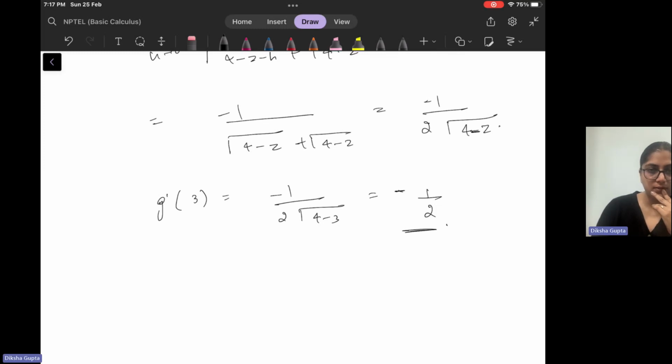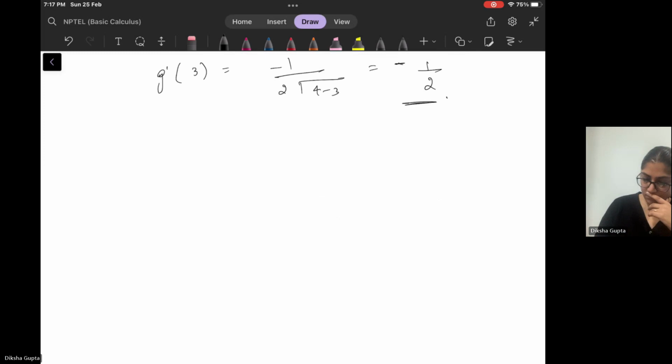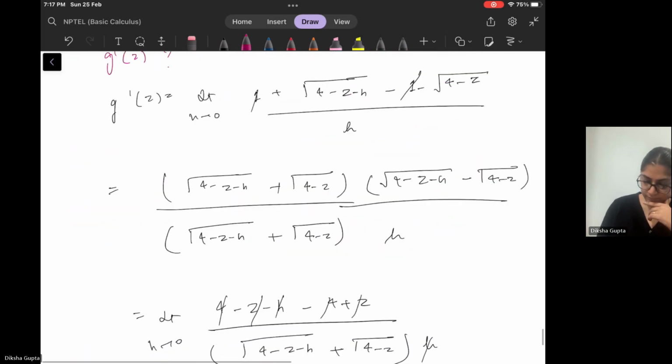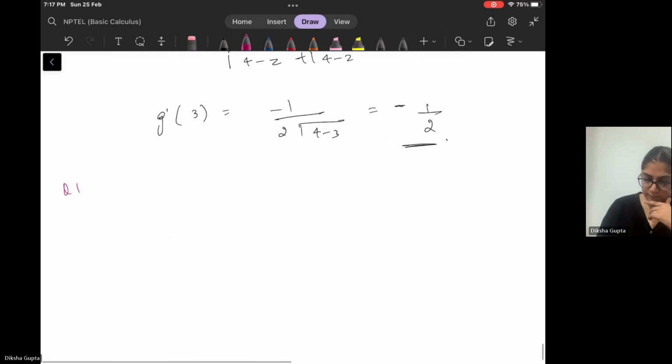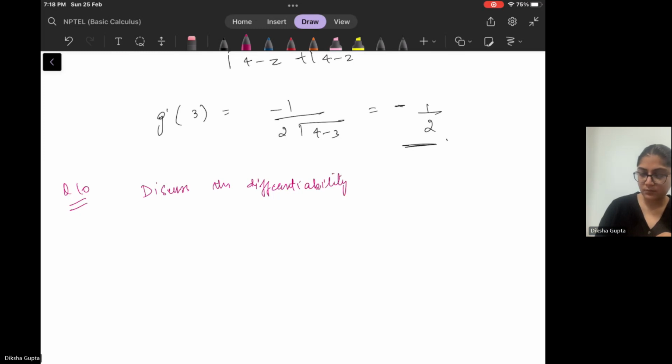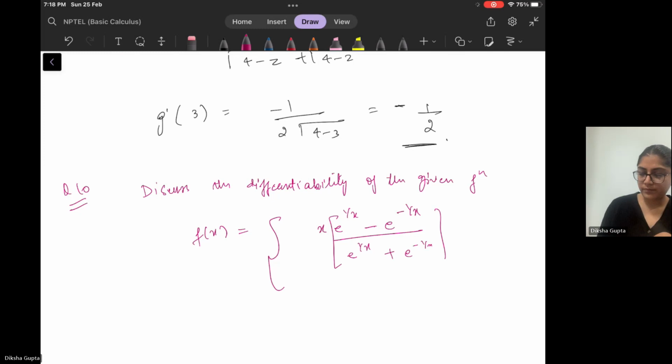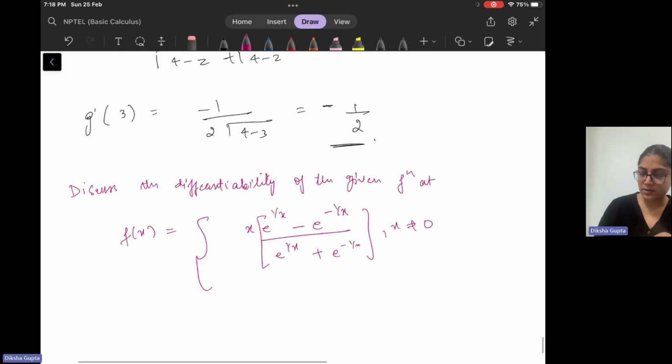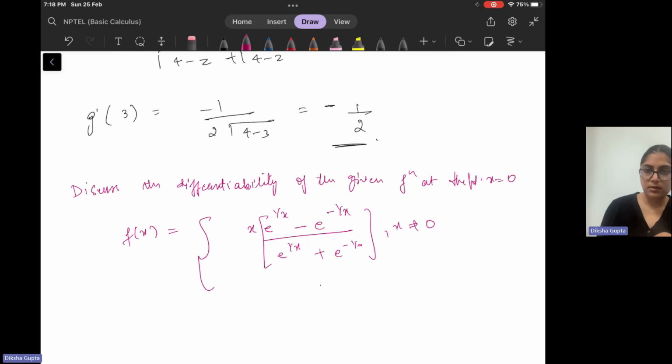So next question. Discuss the differentiability of the given function f of x equals x e to the power 1 by x minus e to the power minus 1 by x upon e to the power 1 by x plus e to the power minus 1 by x, at the point x equals 0.